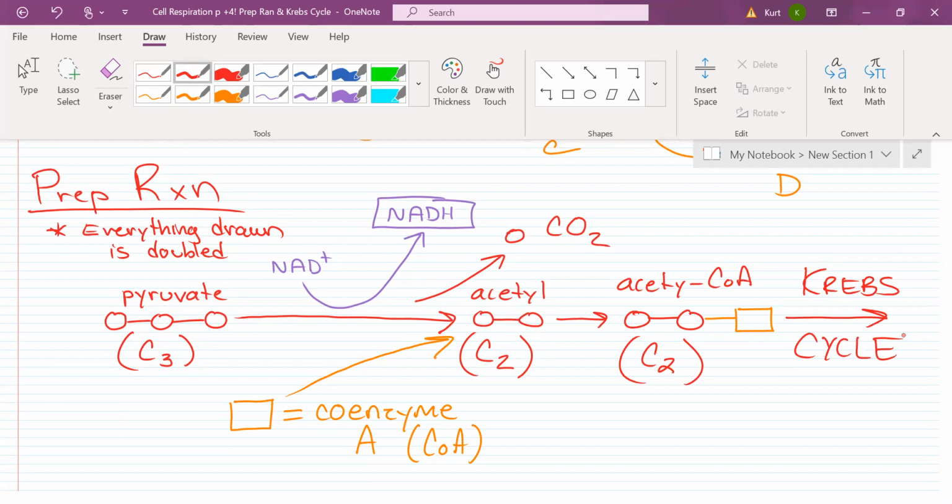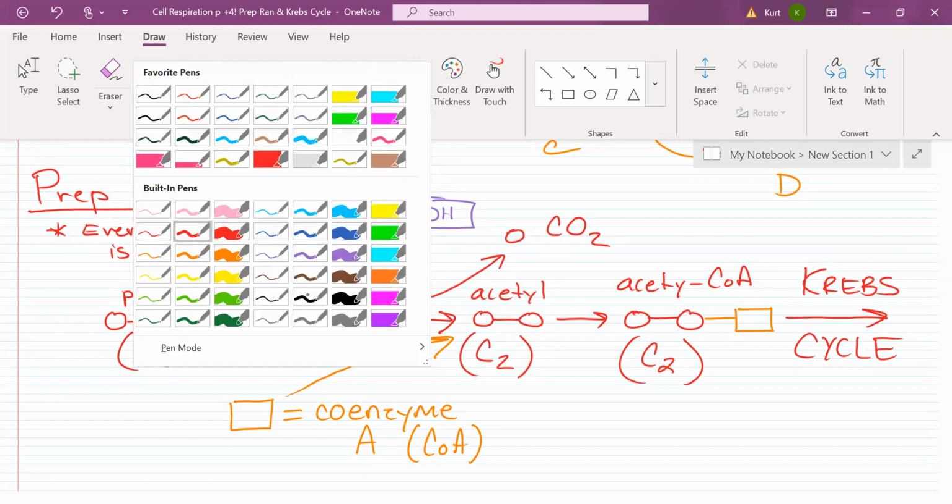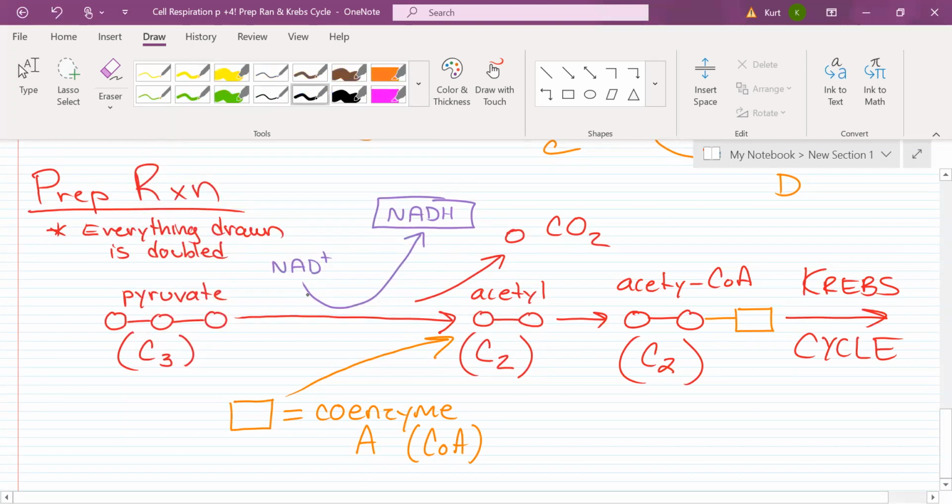Now, just like on the FRQ portion of your test, drawings will not suffice, so we need to actually have some explanation as to what is going on here. So I'll let you guys finish up, and I'm going to add some actual written notes to this before we get into the big Krebs cycle. Ready?